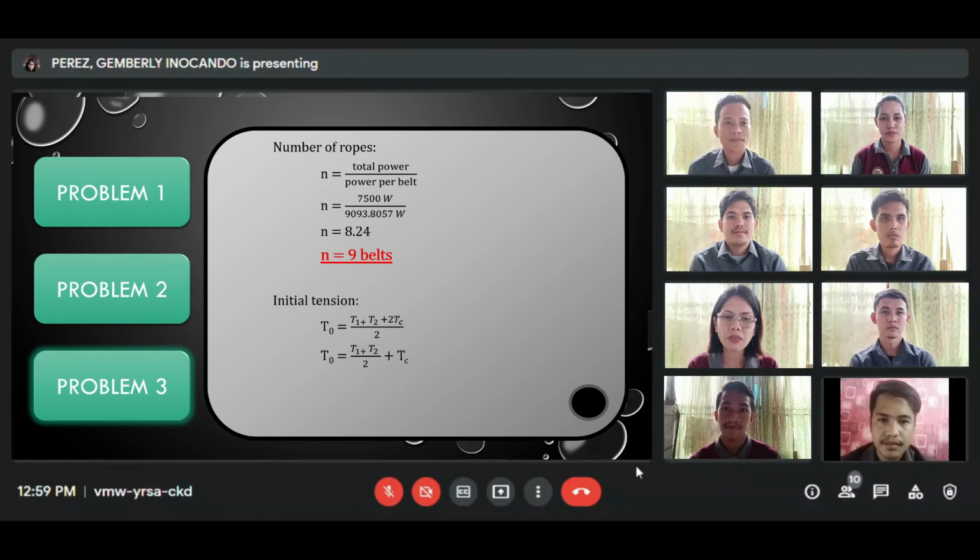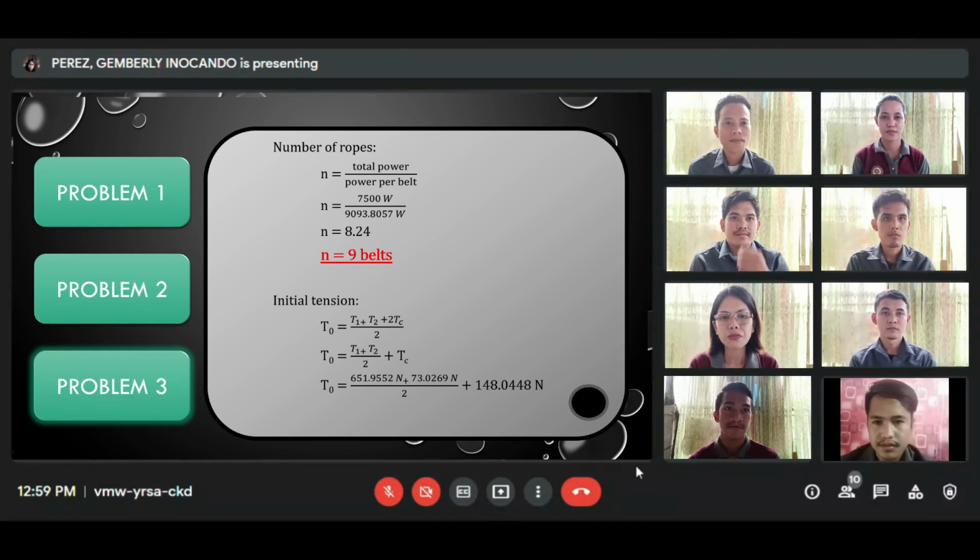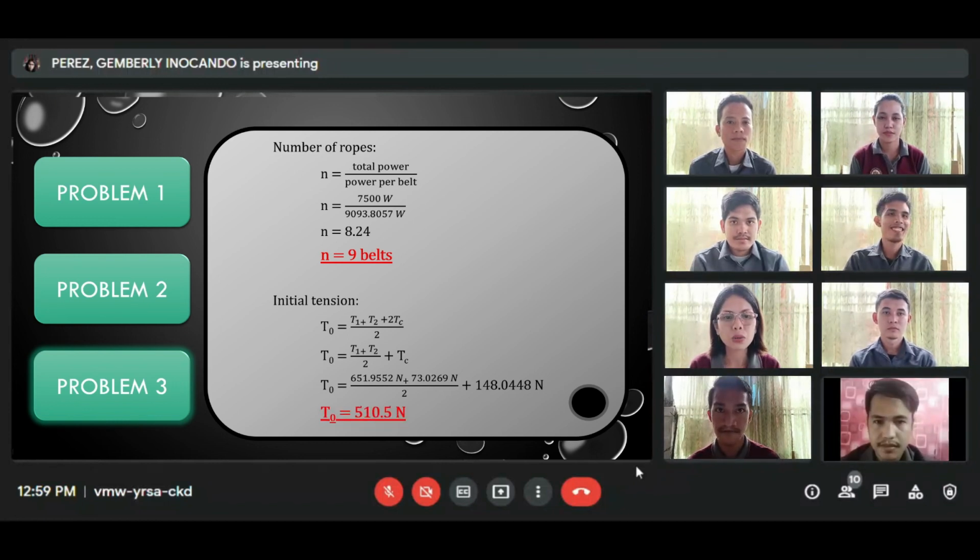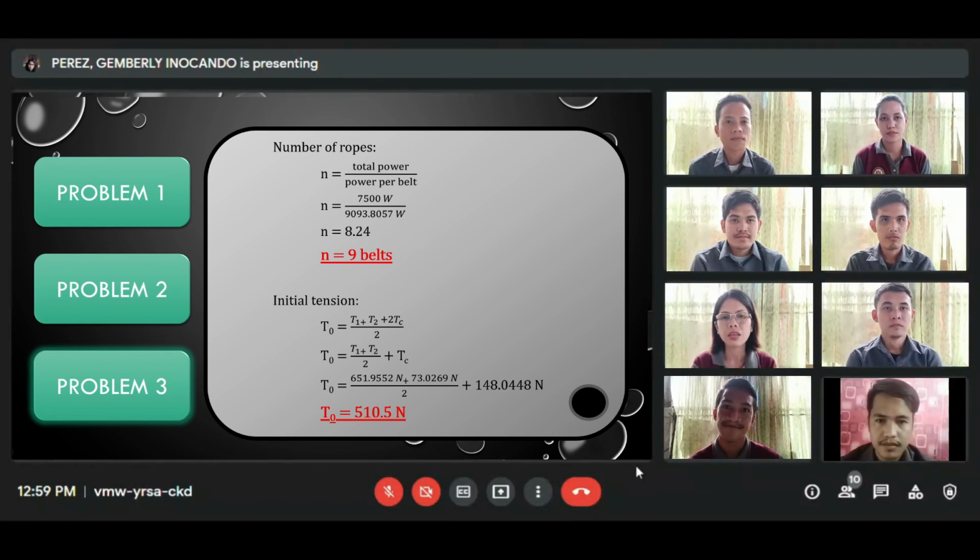Substitute the values: 651.9552 Newton plus 73.0269 Newton over 2, plus the centrifugal tension, 148.0448 Newton. Adding all, our initial tension would be 510.5 Newton. That will be all of my discussion in problem number 3.